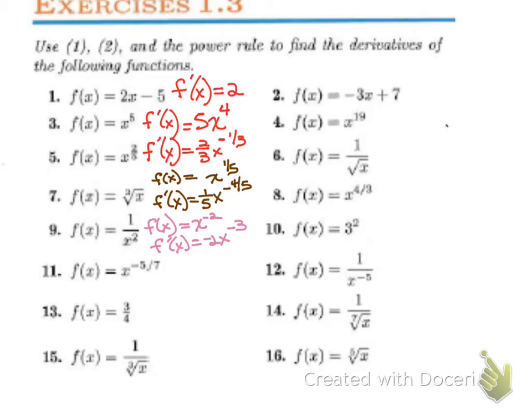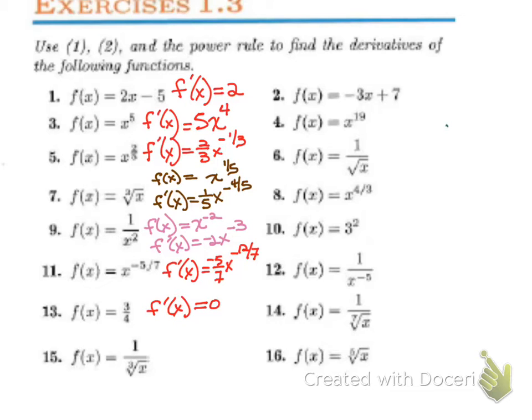So that's going to be f prime of x equals negative 5/7 times x to the negative 12/7, because I went more negative by 7/7. 13 is a constant, and therefore the derivative of a constant is 0.